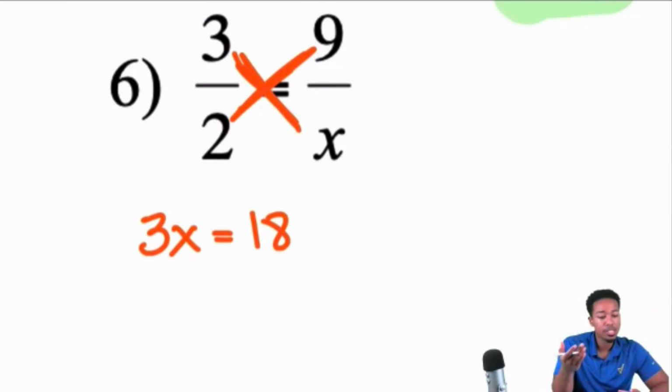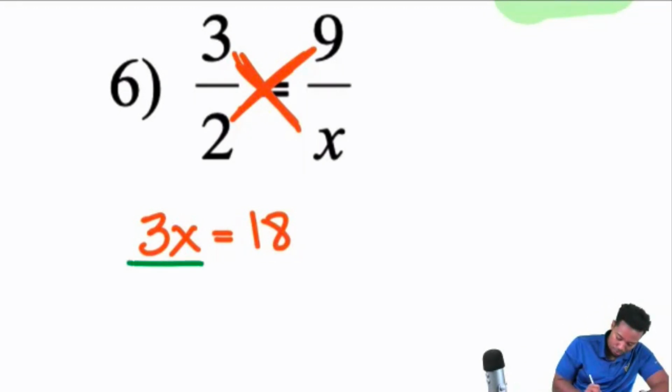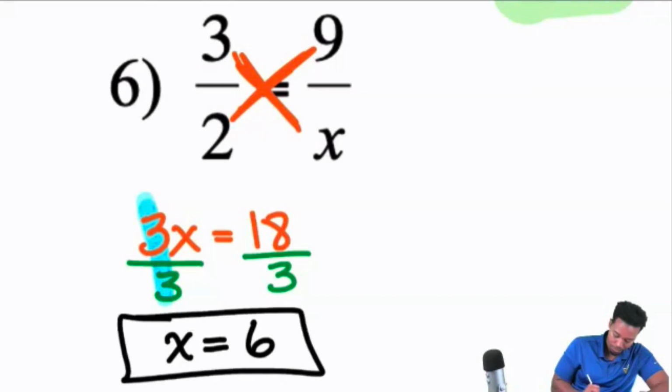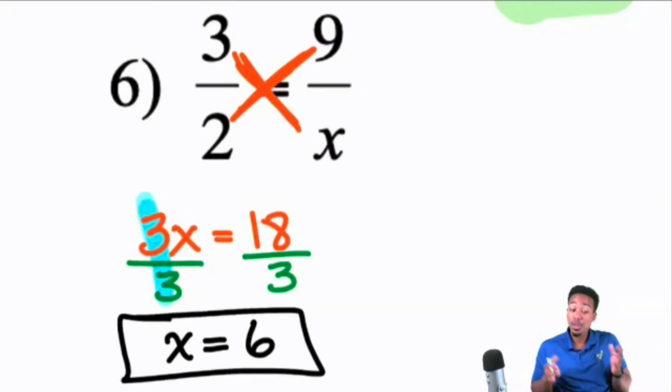But what we currently see on the x is that 3. So let's go ahead and get rid of it. Let's go ahead and divide both sides by that 3. So once we do that, we'll have the great opportunity to get rid of the 3 right there. And we'll have 18 divided by 3, which is what, everybody? Correct. It's going to be 6. Right on. And so there we have that.